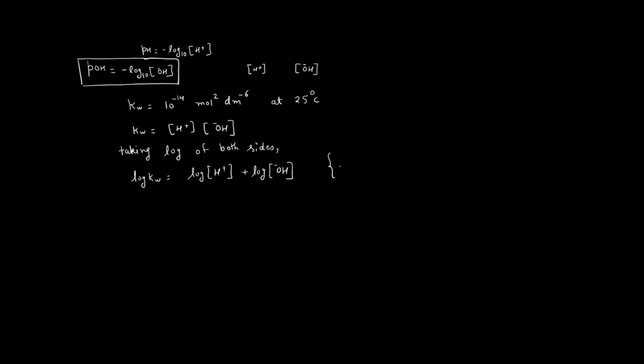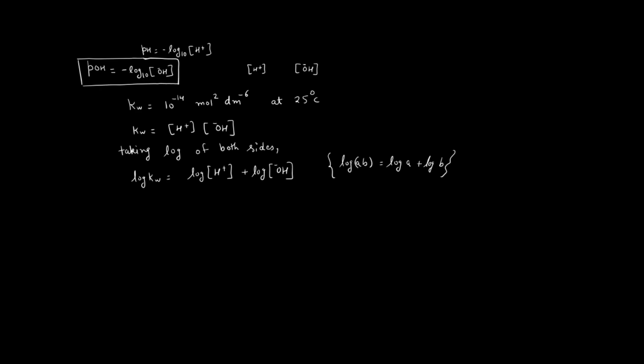This is because if we take the log of A into B, log of AB is equal to log A plus log B. Therefore, when we take the log of H plus ion concentration multiplied by OH negative ion concentration, it will come out to be log concentration H plus plus log concentration OH negative.